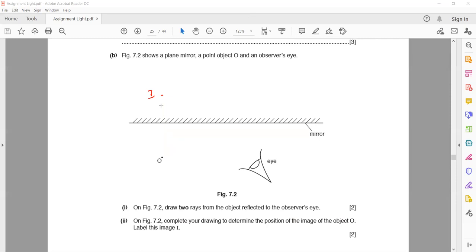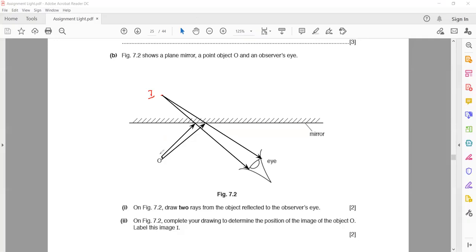You can draw the rays directly from image to the eye, and then join these rays from object to the mirror. So in a short time, you can just complete the figure.